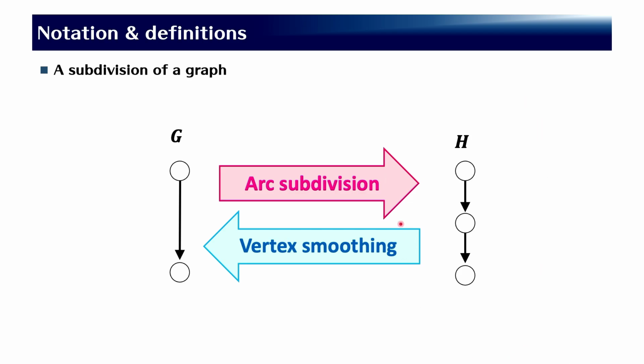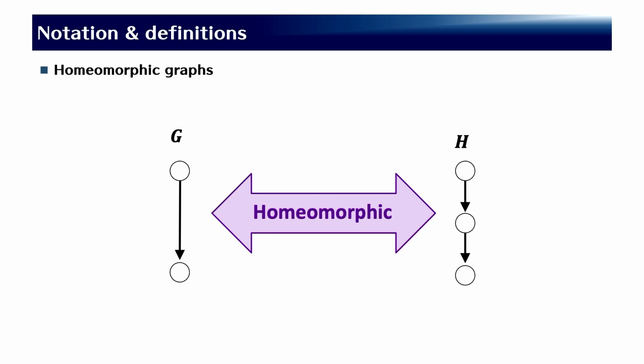For example, a graph H is a subdivision of a graph G. The reverse operation of arc subdivision is called vertex smoothing, and two graphs are said to be homeomorphic if they are isomorphic after smoothing all vertices of in-degree 1 and out-degree 1. For example, graph G and graph H are not isomorphic, but they are homeomorphic.